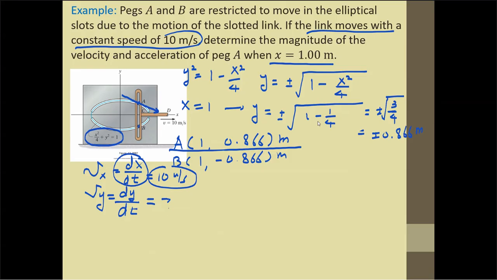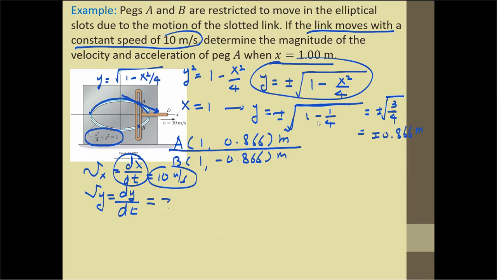How? We need to take a derivative of y with respect to t. Okay, y equals this. We take a derivative of this one. Positive is the curve above: y equals the square root of 1 minus x squared over 4.